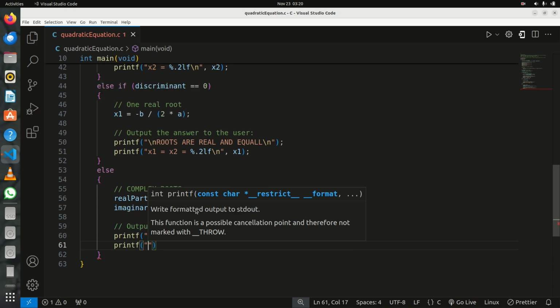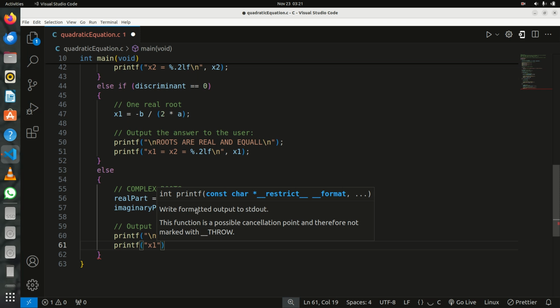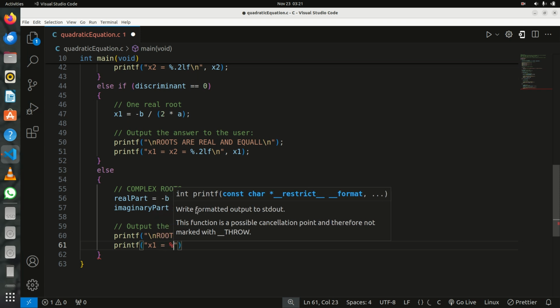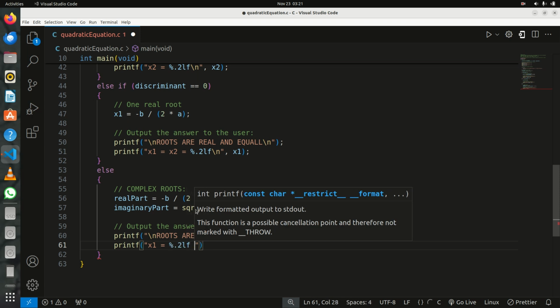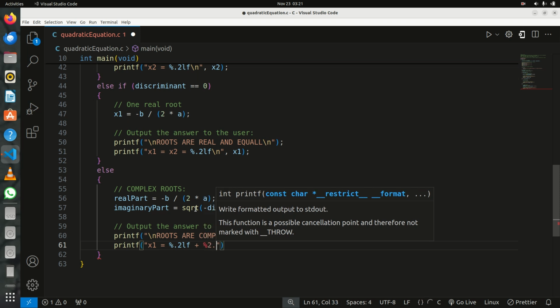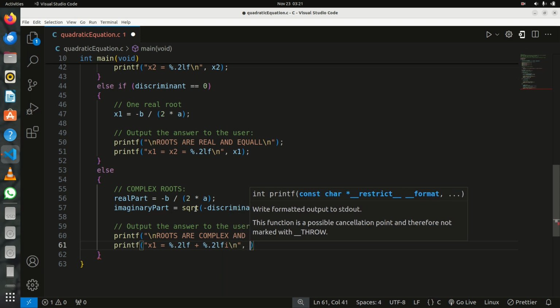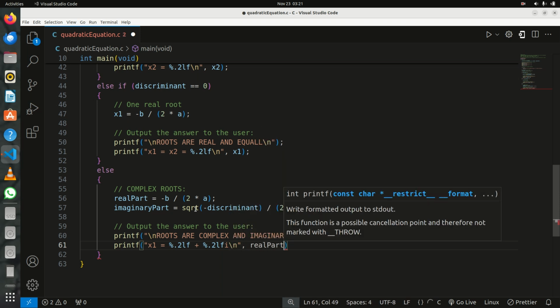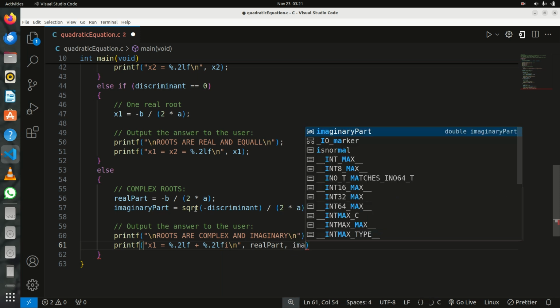X1 equals percentage f plus i percentage f, real part, imaginary part.